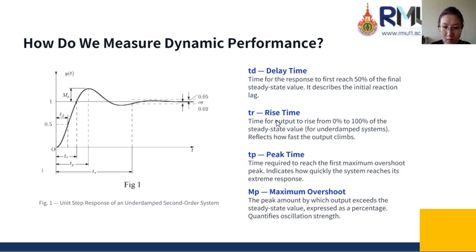Third, peak time, TP, is when the response reaches the first maximum overshoot. MP is how much the peak exceeds the final value, as a percentage. Together, TD, TR, and TP measure response speed, while MP measures how much the system oscillates.